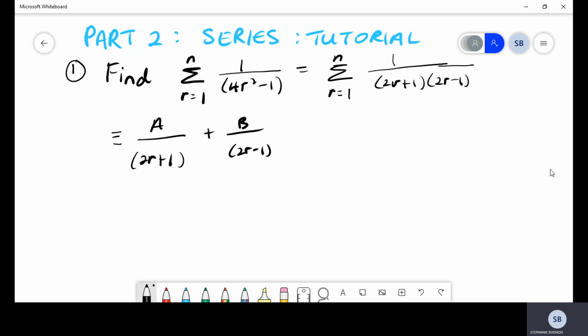The order doesn't matter. Step 1 in partial fractions is to multiply across by the entire denominator.